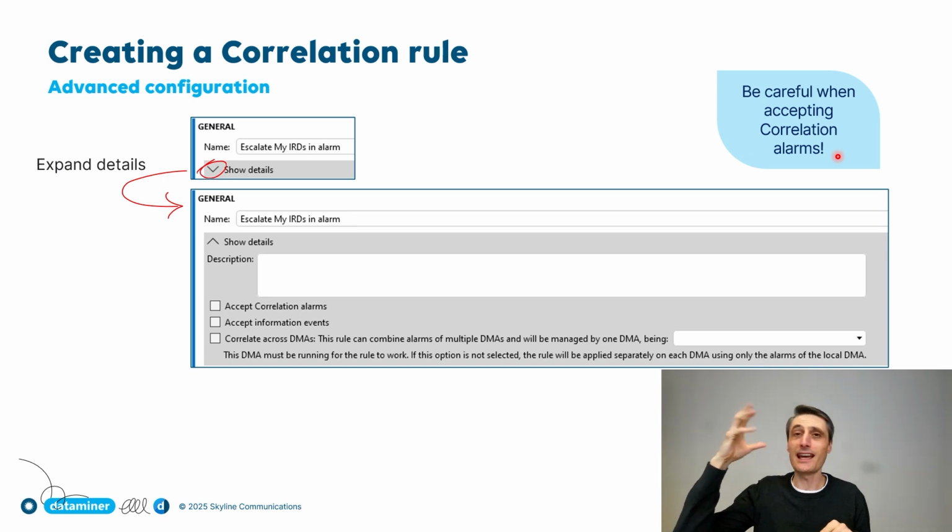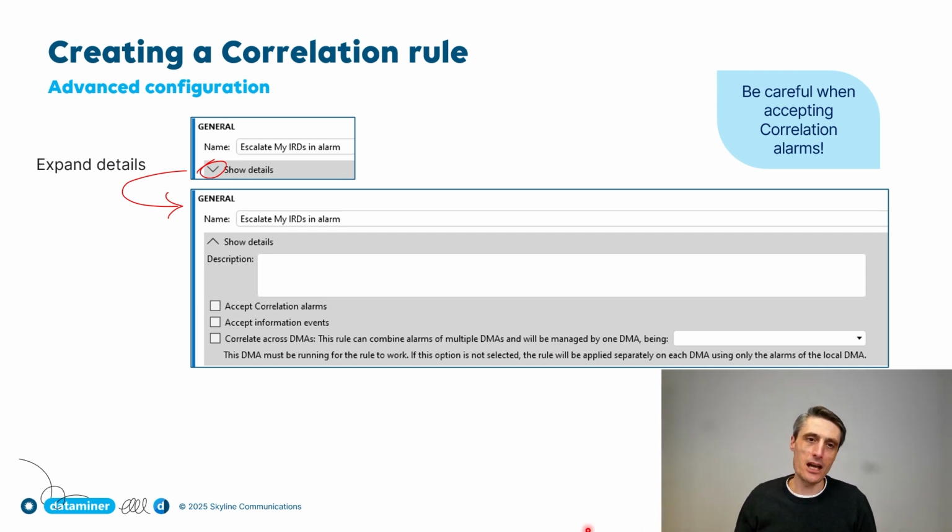Because you detect a critical problem, for instance, on your Philips device, and you generate a critical alarm on your Philips device, and then your rule will trigger again. Oh, we have again a critical alarm, and you basically make a loop. So be careful that you're not triggering upon your own created alarms in the same rule.